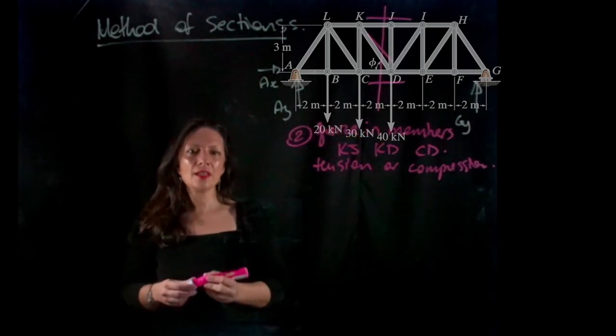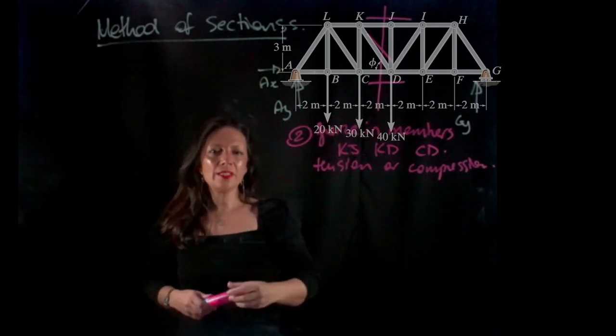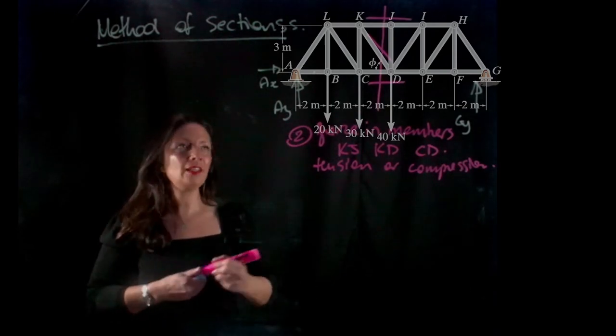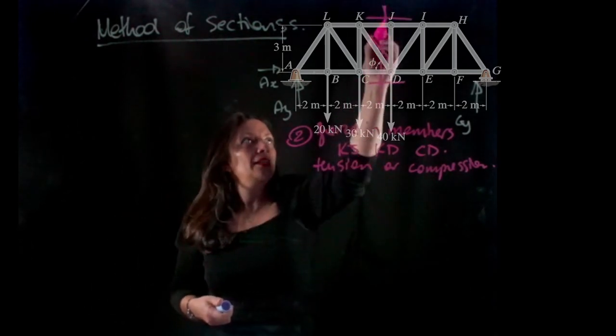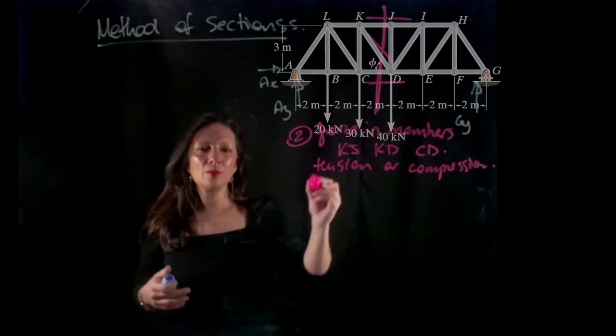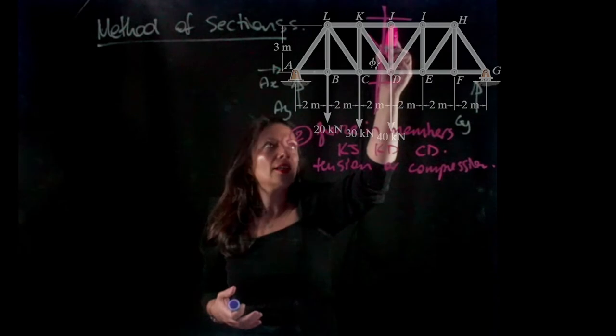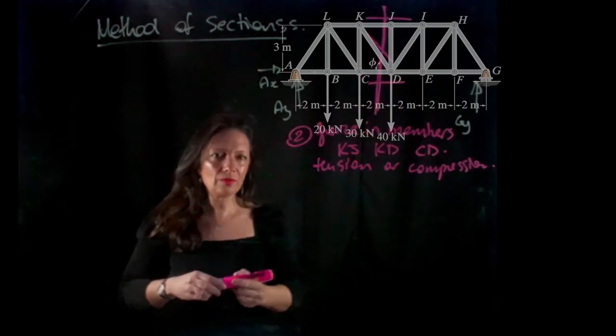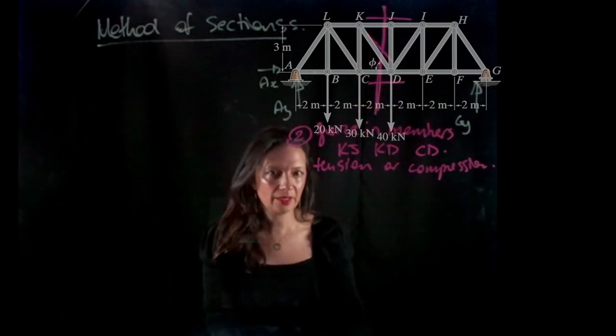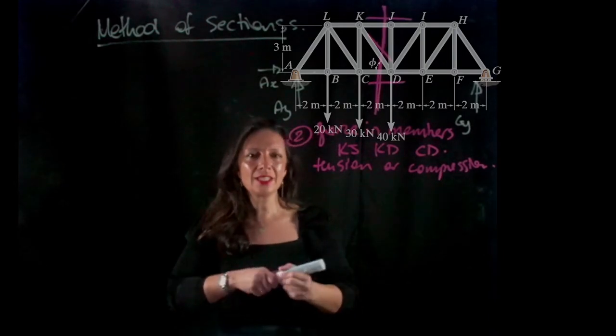Alright, so what we're going to do is we're going to take a section. By cutting this truss, we are taking a section to expose these members. So if I just draw up that section, you can take a closer look.